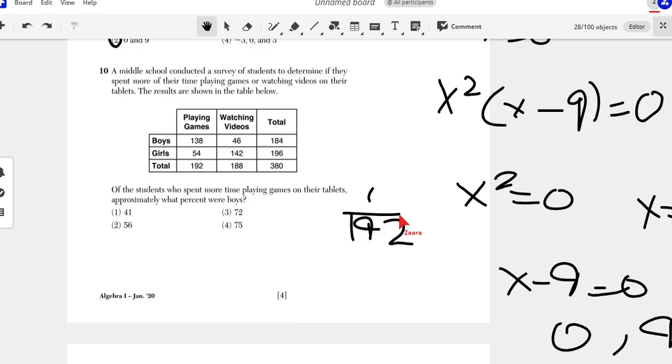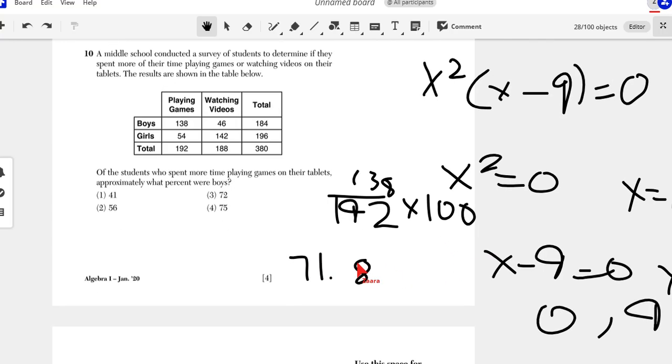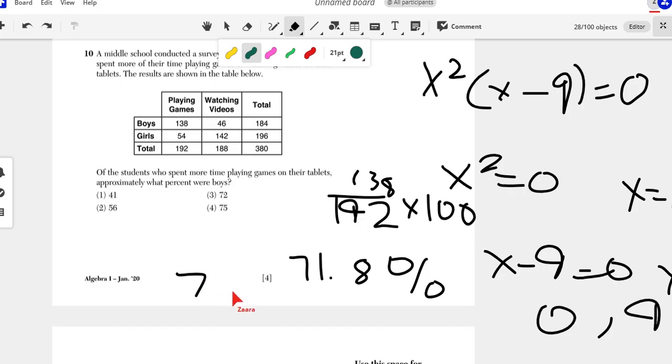So I divided, and then I multiplied by 100. What I got was 72.8 percent. This was close to 72%. So the answer I got was 3.